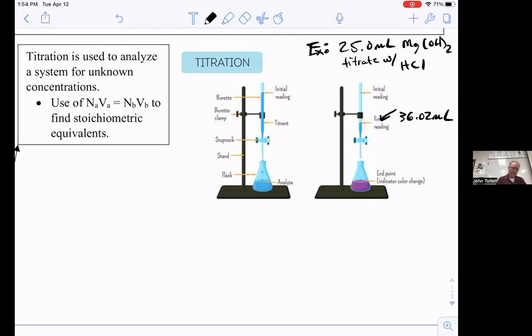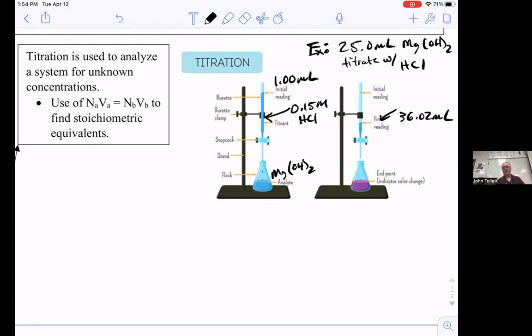Down here, I have my magnesium hydroxide initially. And my initial reading up here was, let's say, 1.00 milliliters. That's kind of convenient. And what's going inside here, our titrant, will be our HCl, and let's say it's 0.15 molar HCl.